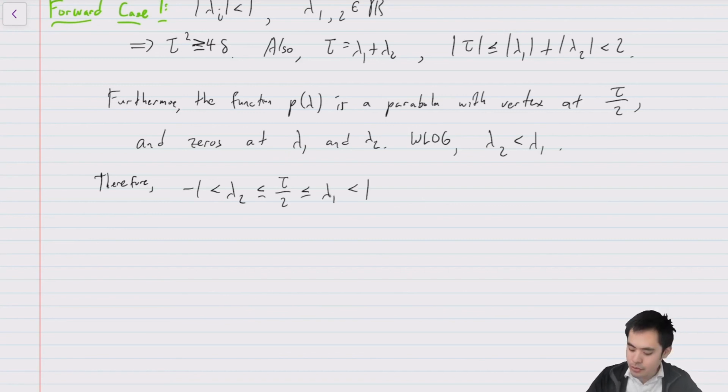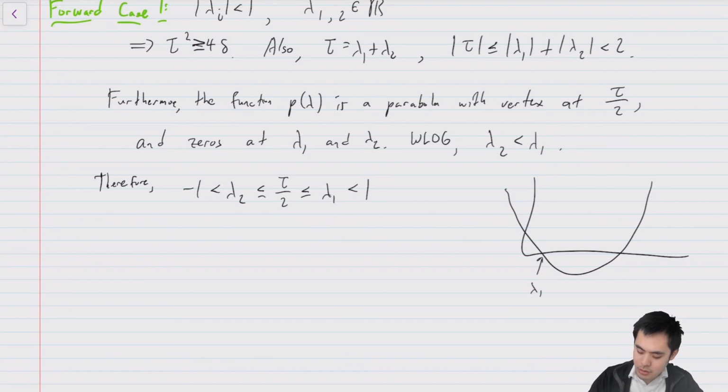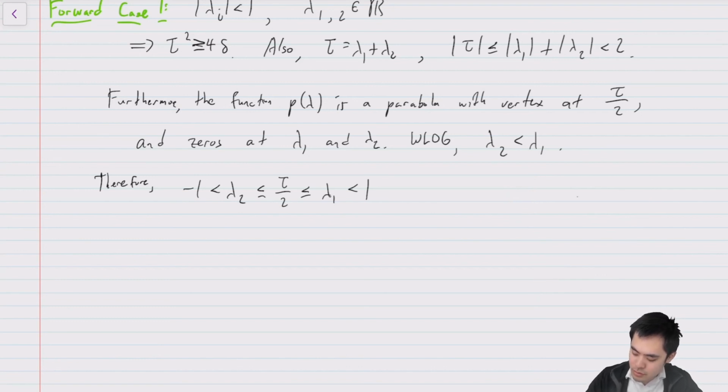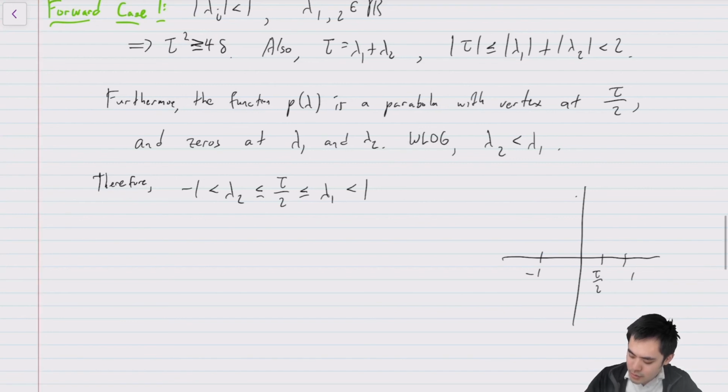If I draw out this parabola, it looks something like this, where say this is minus 1, this is 1, and let's say this here is tau over 2, and let's say this is lambda 1, and this is lambda 2.